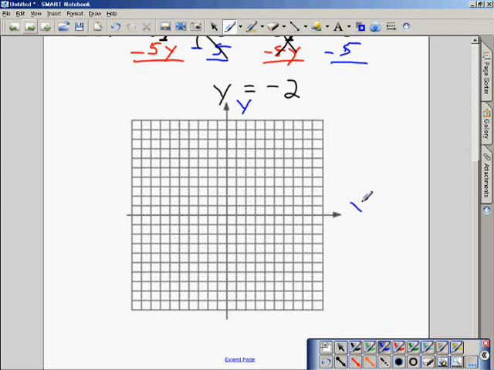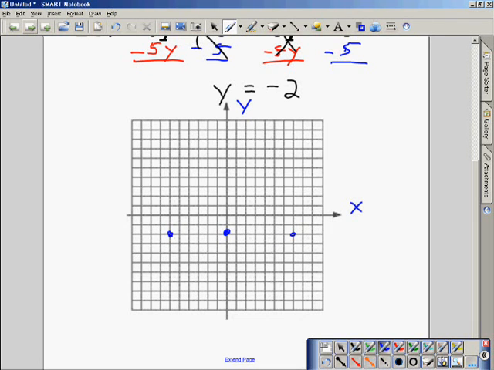And many of you are going to go to the origin and move down 2 and put a point there and then be stumped. But don't be stumped. Just think to yourself, isn't y equal to -2 here and here?